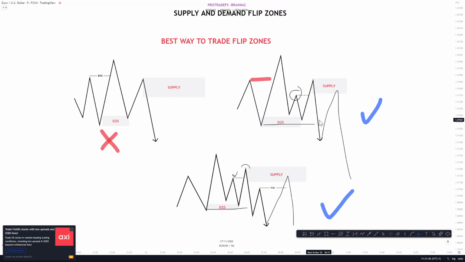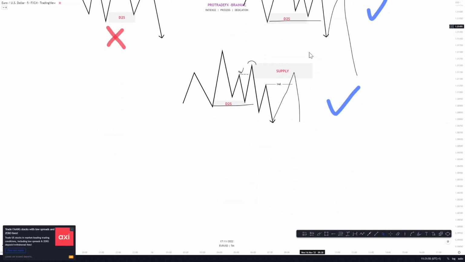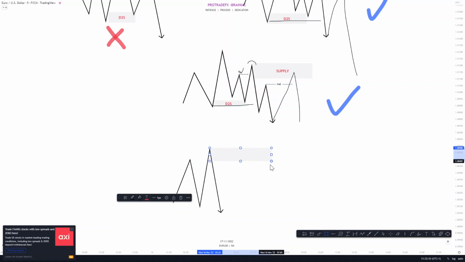So this is a demand to supply model, right? If you are trying to look for the supply to demand, it means that we have a supply that failed, right? Let's say we have the supply where we are looking for short positions here, and it eventually failed to the upside.